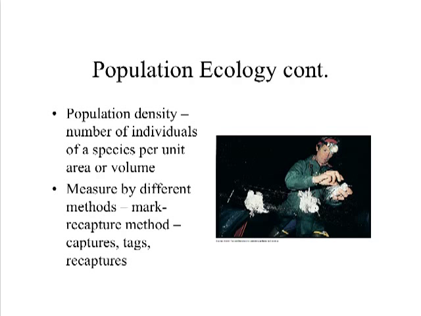And so we can measure it a few different ways. You can just go out and measure a particular population density of snails in your backyard. You go out and count how many snails you see. Other, more sophisticated ways, which I'm sure you've seen on animal channels, is the mark and recapture method, where you capture a particular species, mark it with a little tag, and let them go.